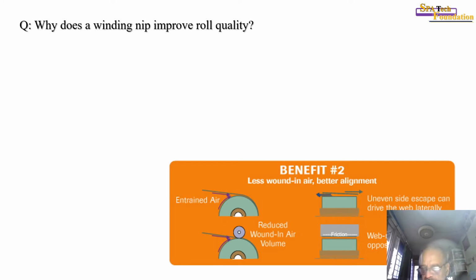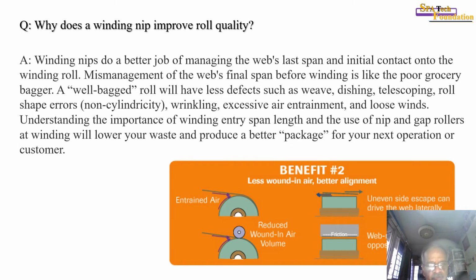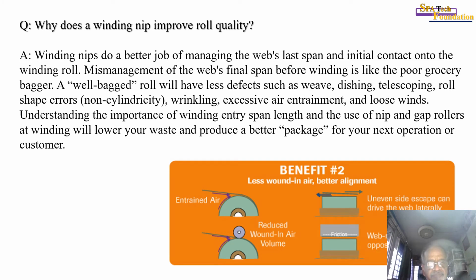The web roller friction easily opposes the reactive motion. Winding nips do a better job of managing the web's large span and initial contact onto the winding roll. Mismanagement of the web's final span before winding is like the poor grocery bagger.